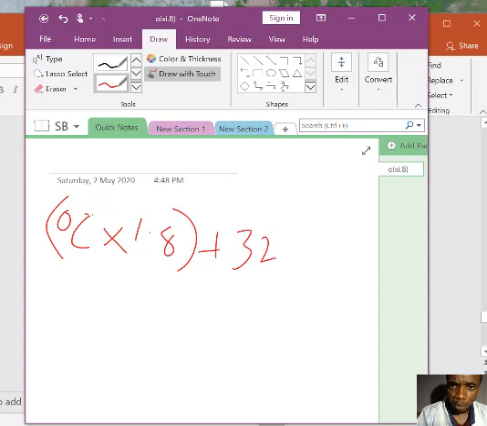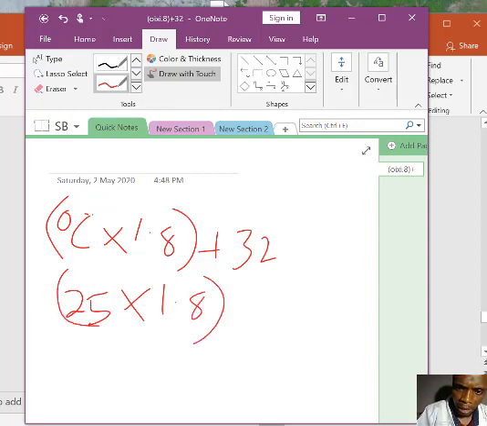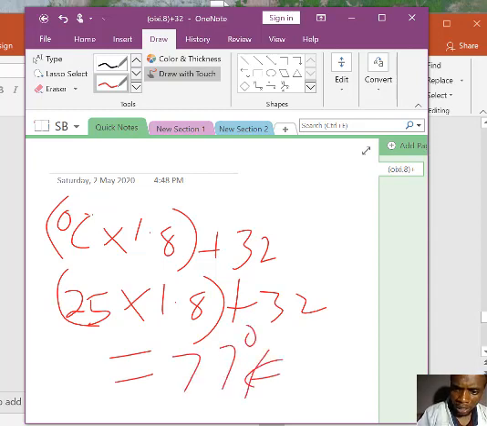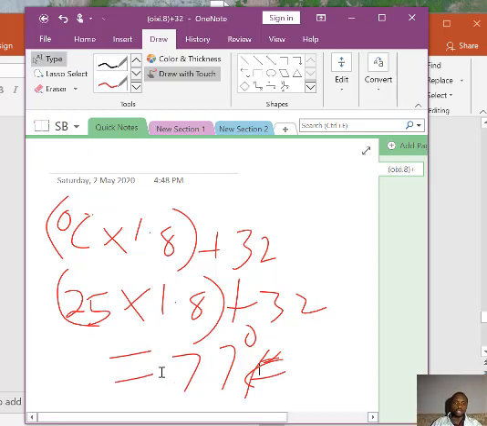So we have 25 degrees Celsius there. So 25 times 1.8 then plus 32. If you press your calculator, it gives us 77 degrees Fahrenheit. So in case you come across a JAMB question, you can use this simple shortcut.